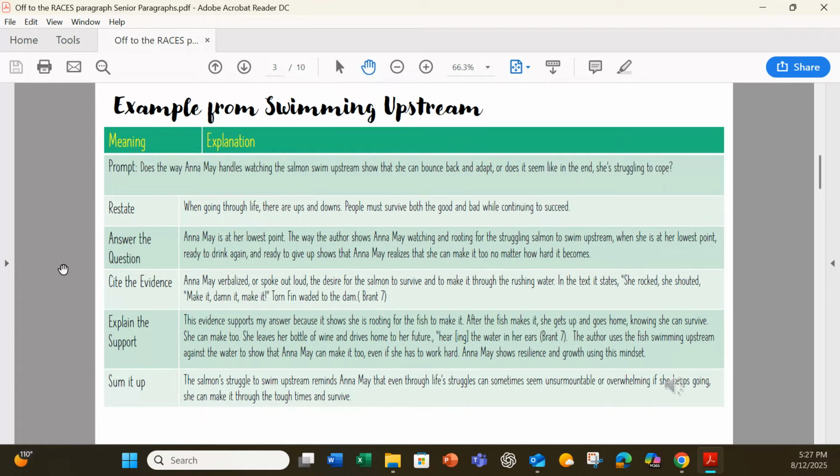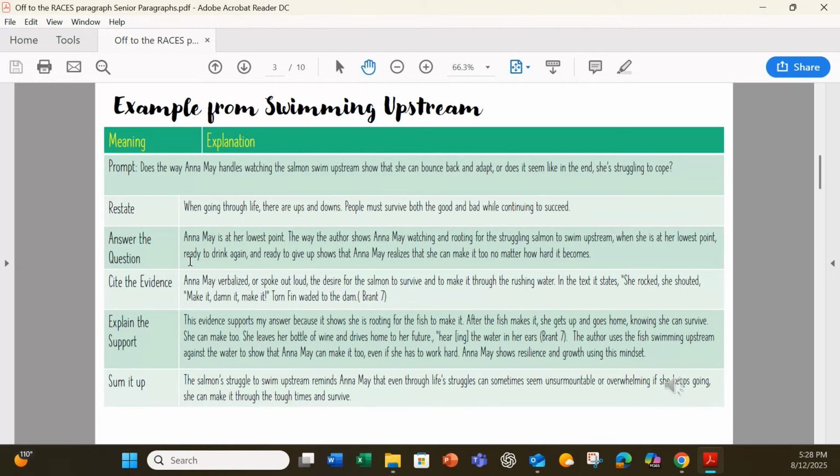Okay, so let me show you this connection real quick. Again, we're trying to make sure that the readers know that, hey, she bounced back and adapted. And where did she get this from? She got it from watching the struggling salmon swim upstream. Okay? She got it at her lowest point. It seems right here that she is a drinker and she might drink again, but she's on the verge.